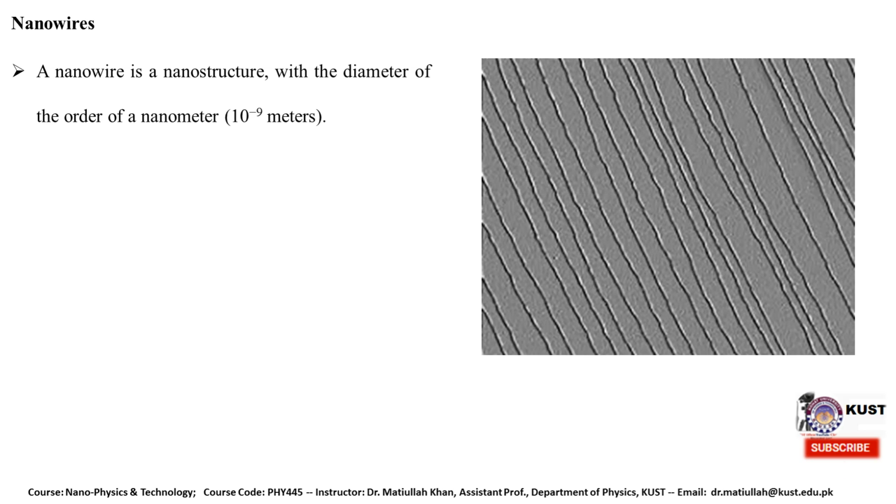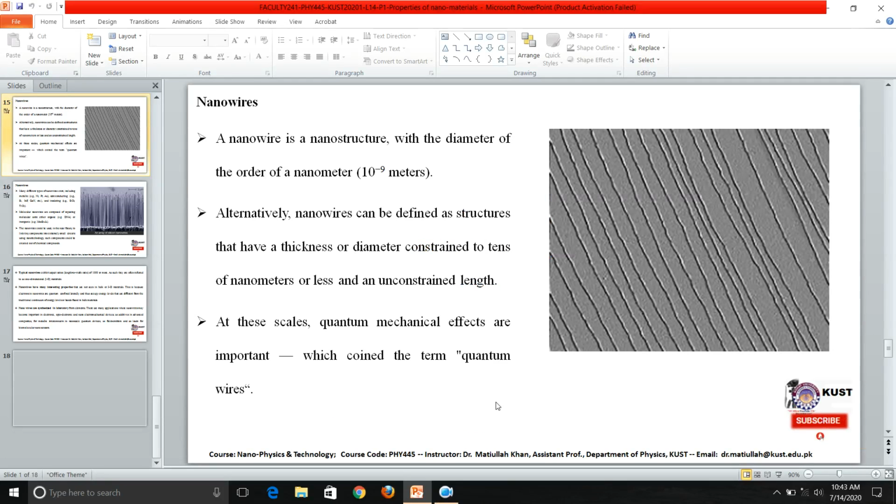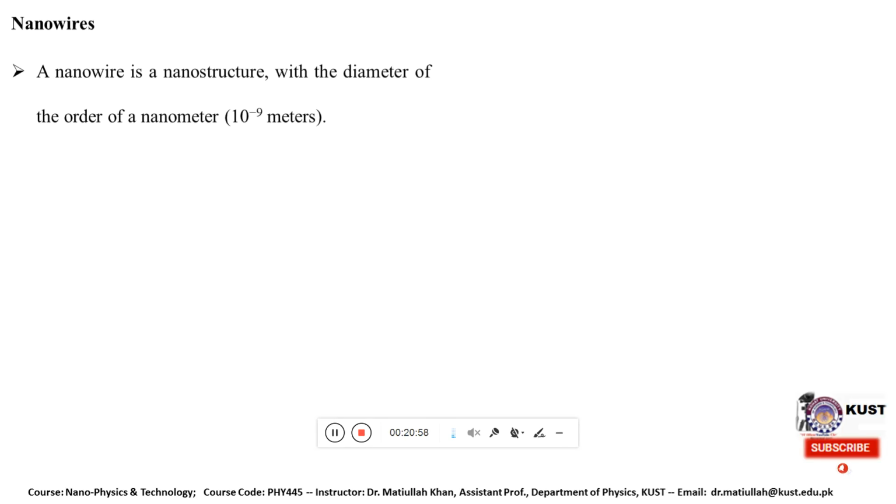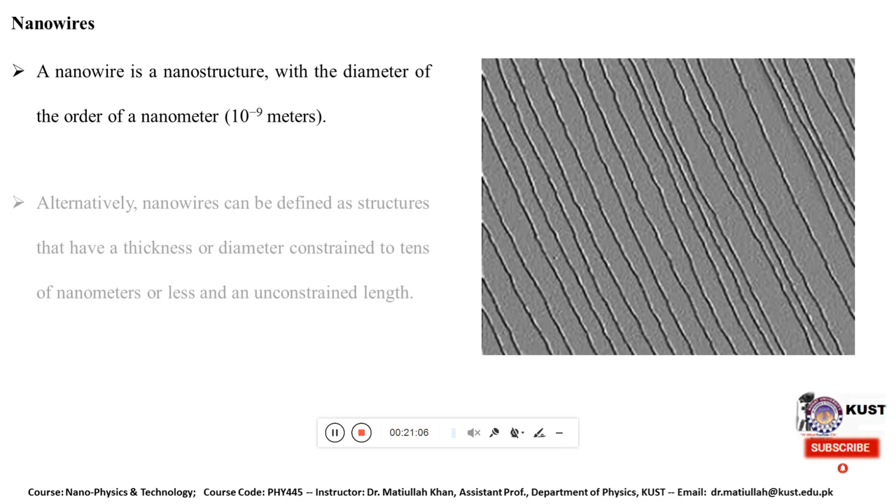A nanowire has nanostructures, and this is one of the structures of nanowires. Here we can see that the nanowires are arranged in very regular patterns, and these nanowires have very interesting applications. The diameter of the nanowires is around 10⁻⁹ meters.